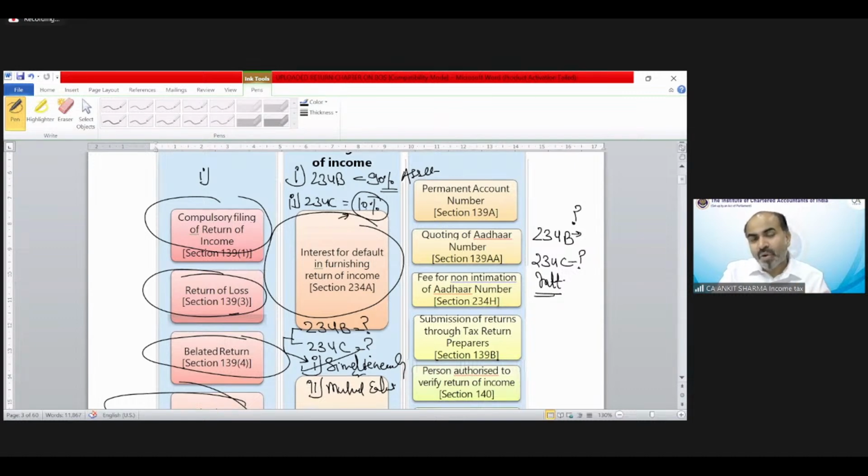And because he only deposited 10%, he is also violating the section 234B condition, which says advance tax should not be less than 90%. So he is violating 234C, the prescribed percentage limit provision for different dates, as well as the aggregate 90% provision. So they could be applicable simultaneously.